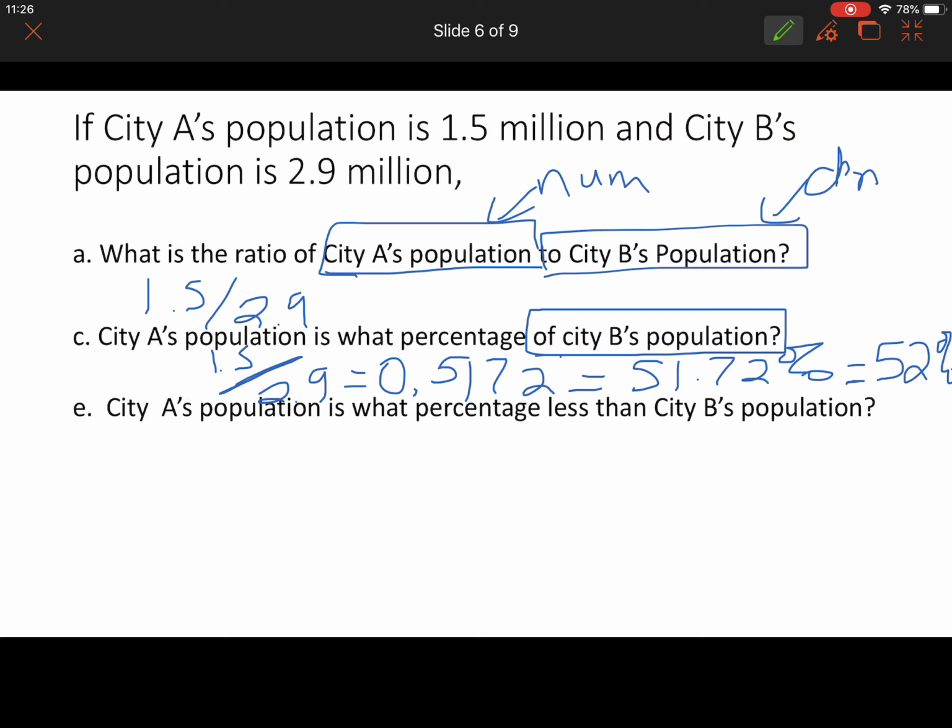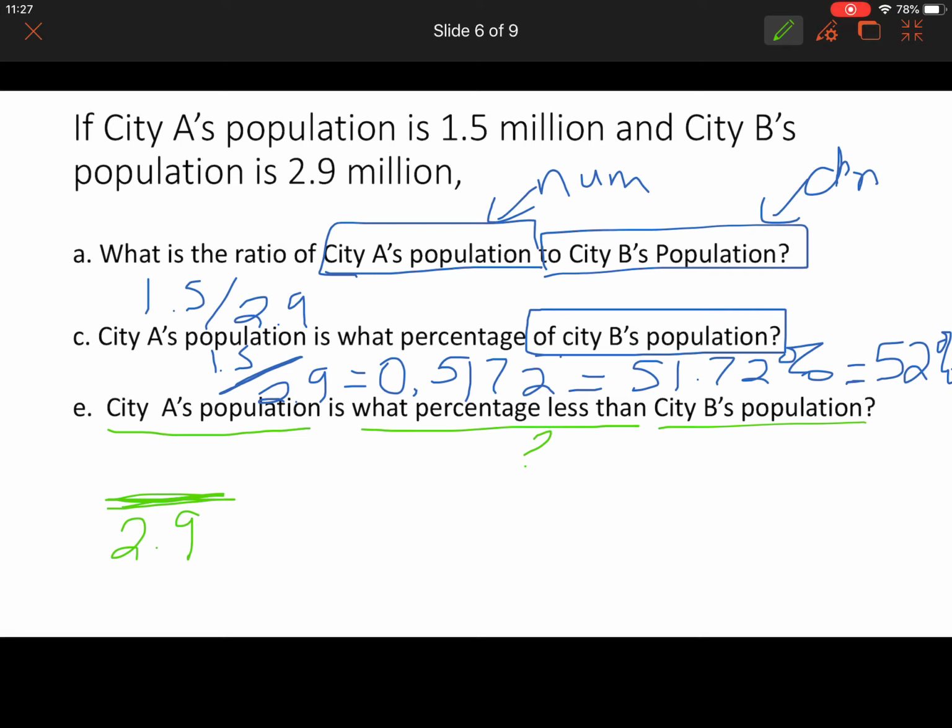So this is really the fifth question, but our third question is, City A's population is what percentage less than City B's population? Okay. So there's a few ways to calculate this. One is we're actually asked for, we're given the same reference value. We're still comparing this to City B's population.